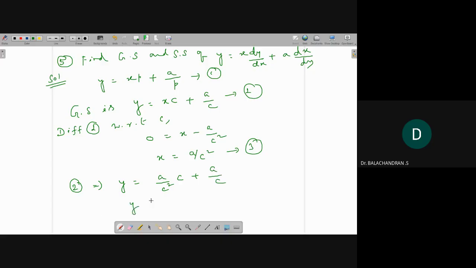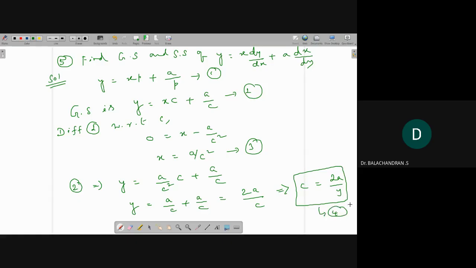So y equal to a by c plus a by c, which is equal to 2a by c. Now c equal to 2a by y. I call this equation 4.